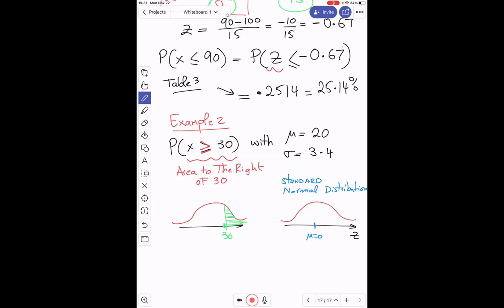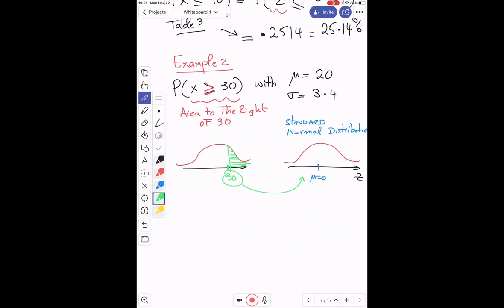So what we do is we need to convert this 30 to the variable z, so then we can use the table in the formula sheet.